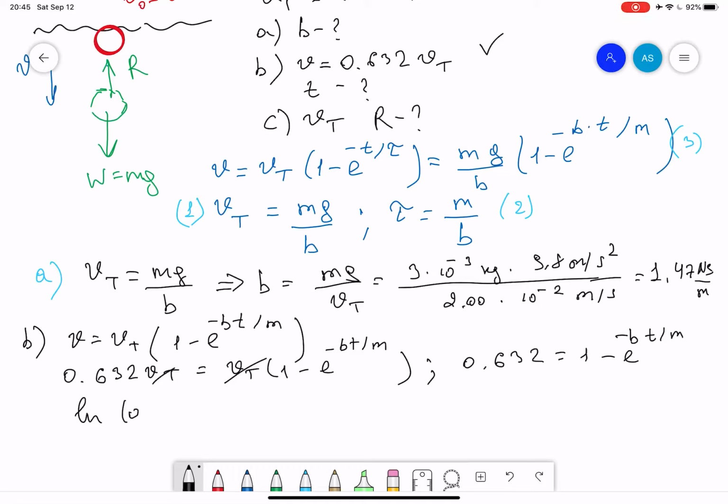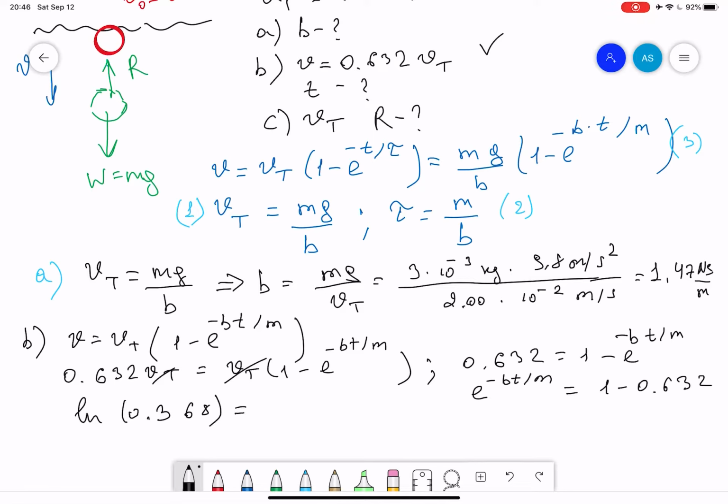So 1 goes to the other side, and e to the minus b t over m is equal to 1 minus 0.632. When you subtract, you get 0.368.